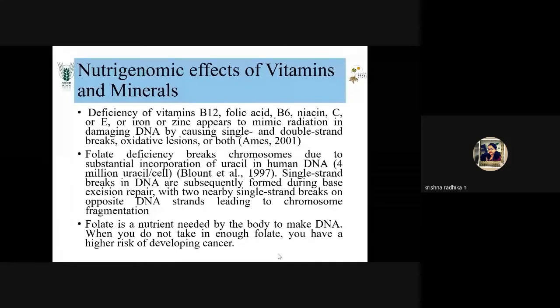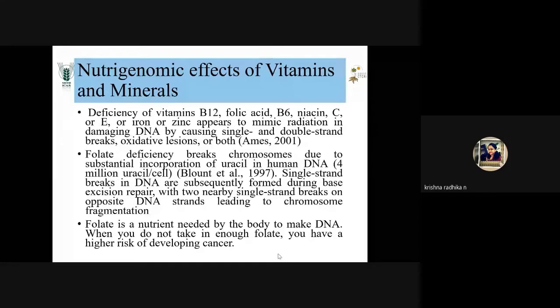So some of the nutrigenomic effects of vitamins and minerals, for example, deficiency of vitamin B2, B12, folic acid, B6, niacin, vitamin C or vitamin E or iron or zinc appear to mimic radiation damaging DNA, and it is caused by single or double strand breaks or oxidative lesions or both.